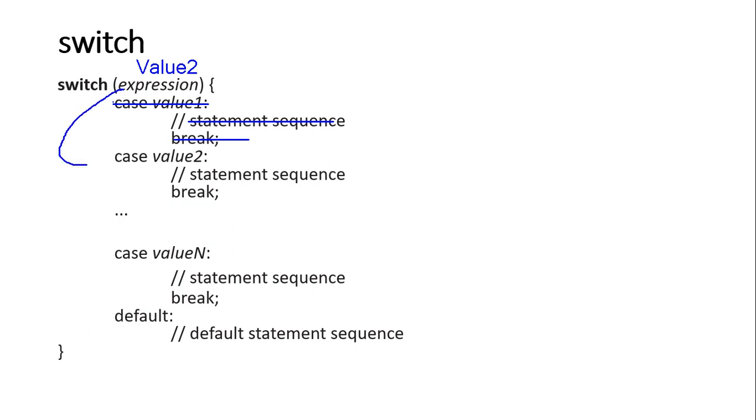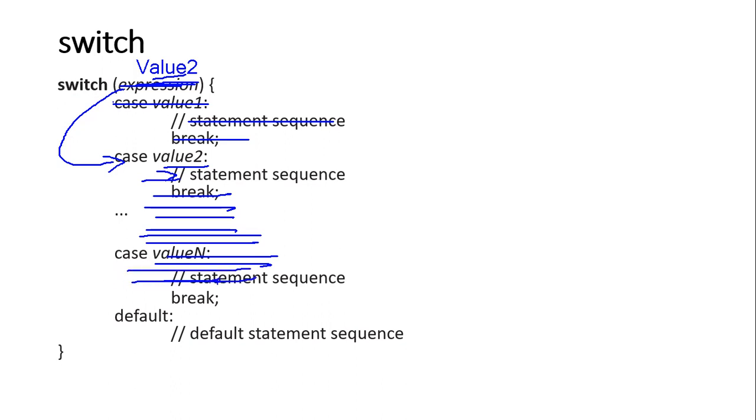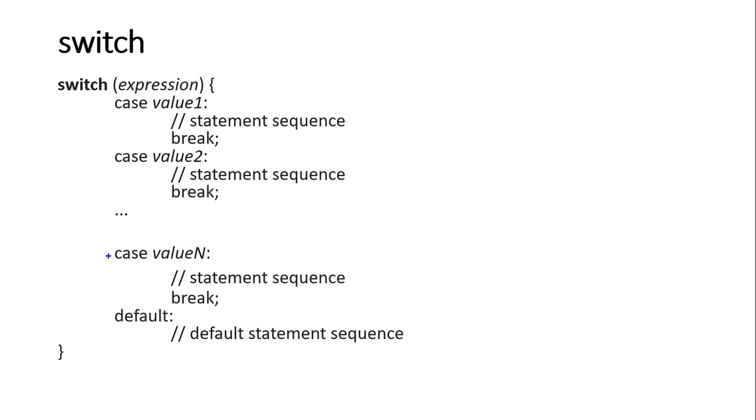Instead, it will transfer the control to the case with the value 2, which is matching here. Suppose the expression evaluates to value 2, then the statements following value 2 will be executed. Now, if there is no break, the control will simply pass until it encounters a break. So that is very important. If you don't put the break, it will simply go to the other cases and start executing. So what does the break do?